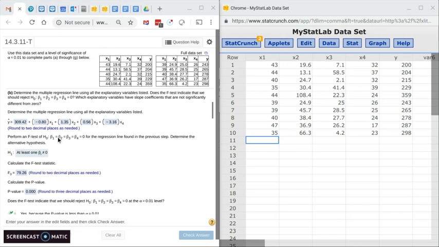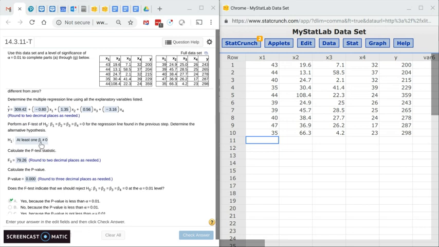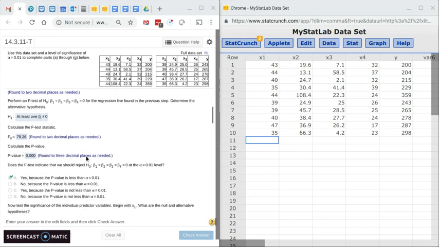Here's where we're going to test the hypothesis for whether all the slopes are zero or not, okay? And because we got such a small p-value, we conclude that at least one of the coefficients isn't zero, one of the slopes isn't zero. So something's contributing to a prediction in this model. Okay, we don't know exactly what yet.